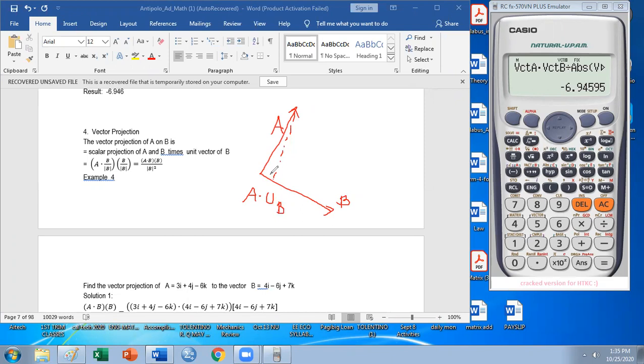To make it a vector, you multiply it by another unit vector B. So this will be the vector projection of A on B. It becomes a vector. The scalar projection is just a scalar, with no direction.